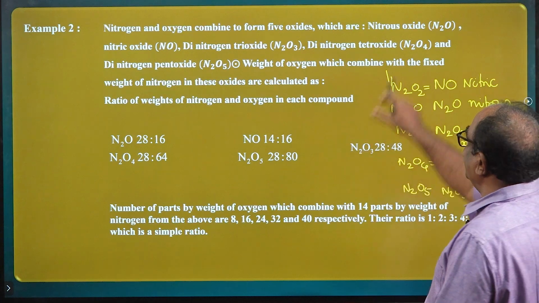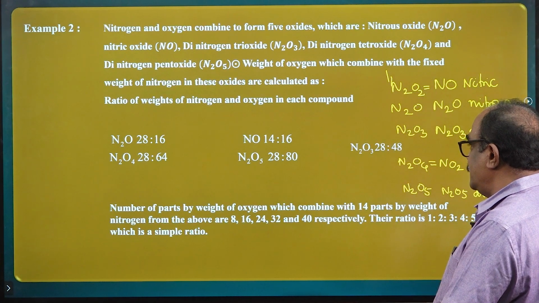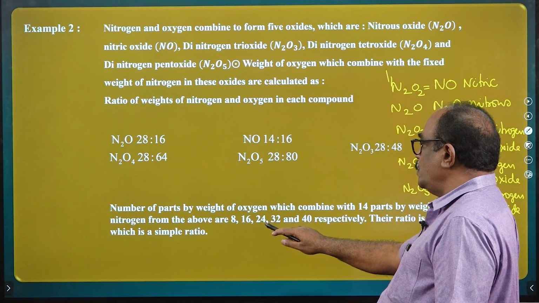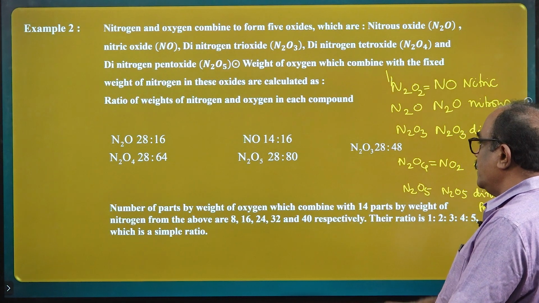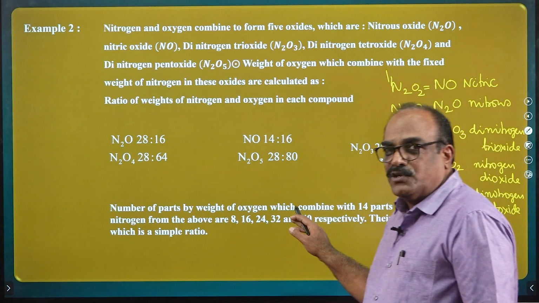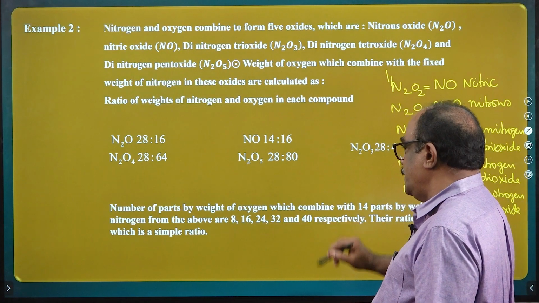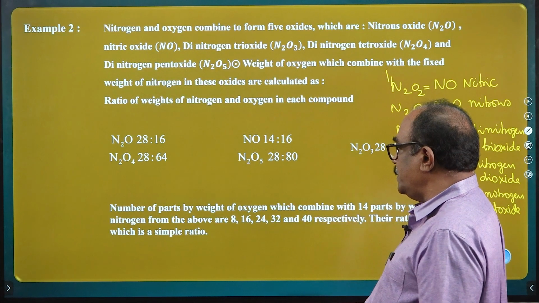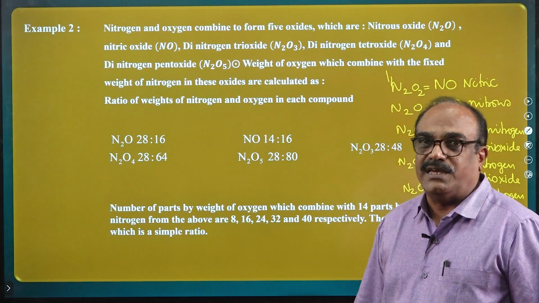With 28 grams, you fix all the masses. You can verify that the oxygen will be 8 is to 16 is to 24 is to 32 and 40 respectively. That means for every 14 parts of nitrogen, the oxygen combining will be 8 is to 16 is to 24 is to 32 is to 40, which is equal to 1 is to 2 is to 3 is to 4 is to 5.